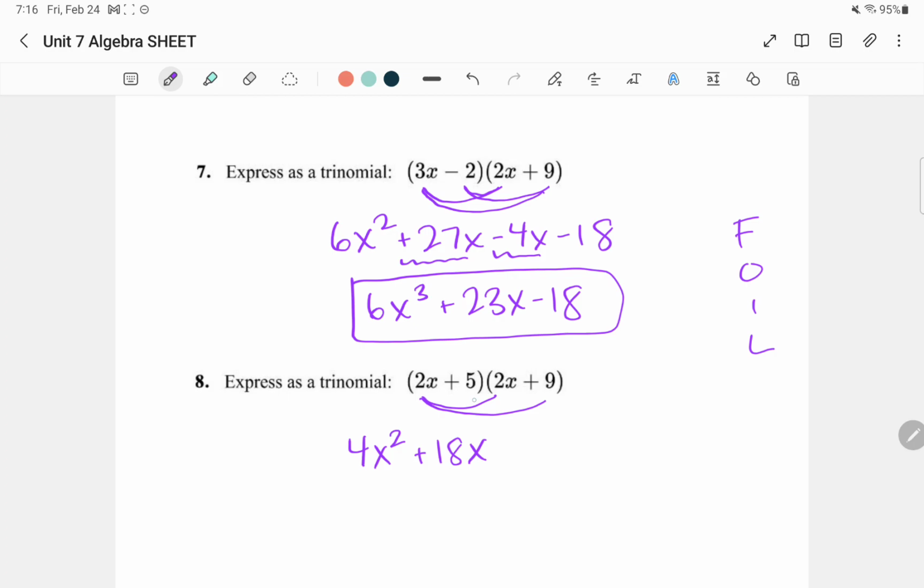Then we do the inside, which is 5 times 2x, that's 10x. And then last, 5 times 9 is 45. I go ahead and simplify these middle terms right here. 18 and 10 is 28. So my answer is 4x squared plus 28x plus 45.